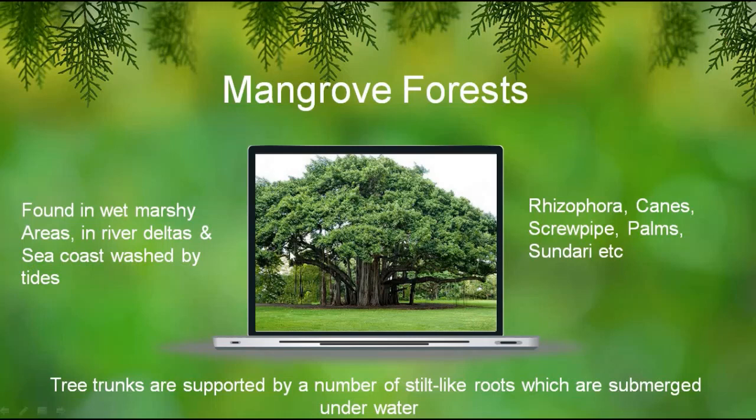This gives support to the branch, because it's a marshy land, otherwise the tree may fall down. This special feature, stilt-like roots or pendant roots, is a special feature of mangrove forest. Okay, next.